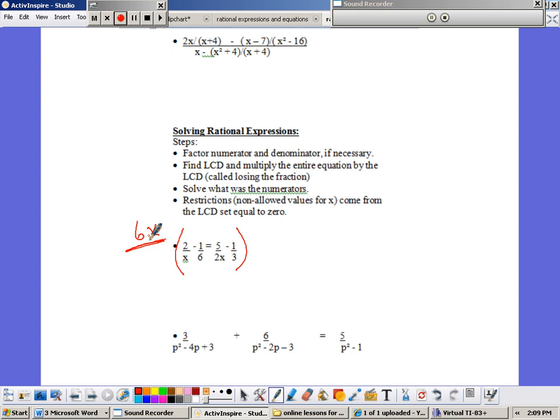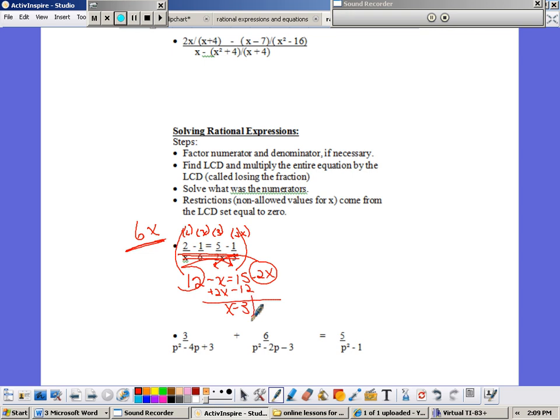So now that it's out front, x goes into 6x, it picks up a 6. 6 goes into 6, picks up an x. 2x goes into 6x, picks up a 3. 3 goes into 6x, picks up a 2x. Once I did that, the denominator's gone, so I don't have to deal with it anymore. So 2 times 6 is 12, minus x equals 15 minus 2x. Bring my 2x over, bring my 12 over.